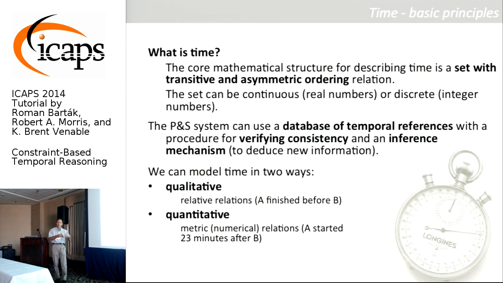We will have more precise information about distances between time events. So we can say, A started 23 minutes after B, or at least 23 minutes and at most 40 minutes, or something like this. I will now describe both of these approaches separately, and at the end I will show that actually we can combine them somehow together, even if not a lot of people are doing it.